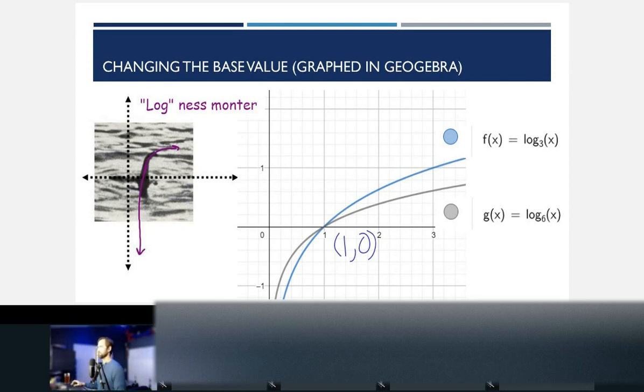Next, another important point on each graph. We are going to have something comma 1 and something comma 1. All right.